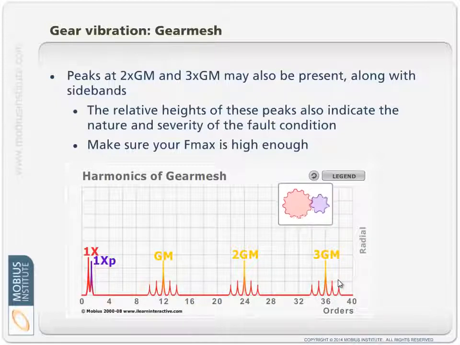When we talk about time waveform analysis, I'll try to convince you to make it more than 4 times the gear mesh frequency, because that will make what you see in the time waveform more useful, including the detail you see as the teeth mesh together.